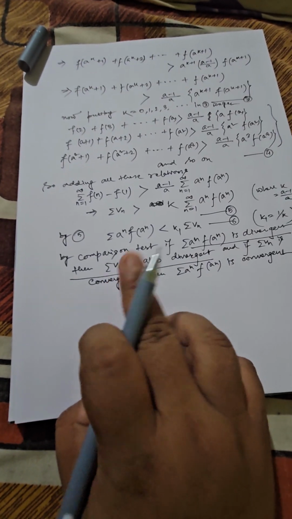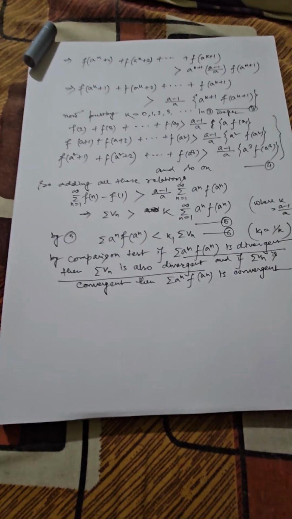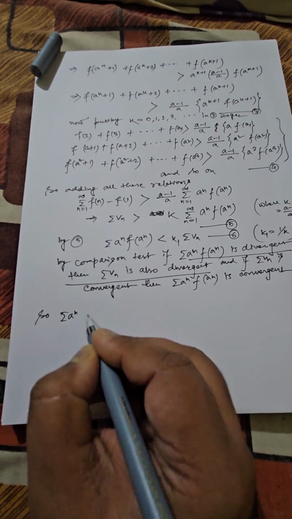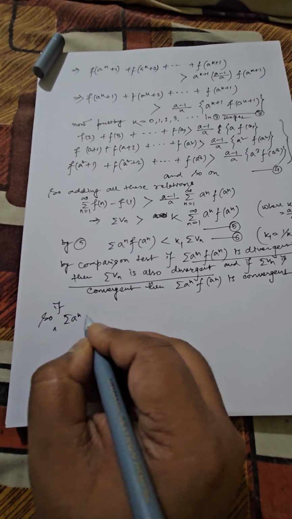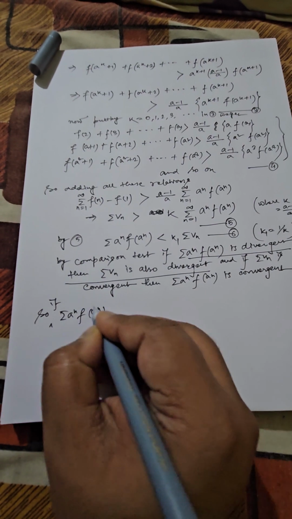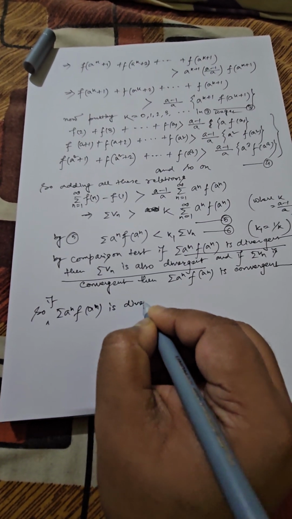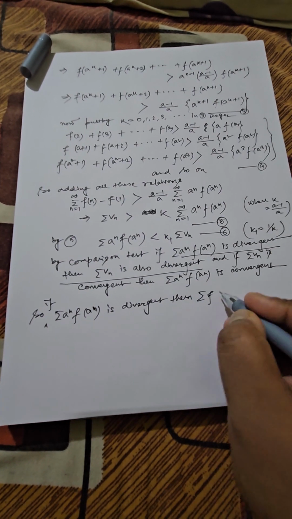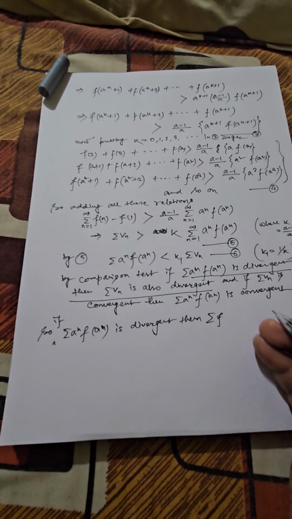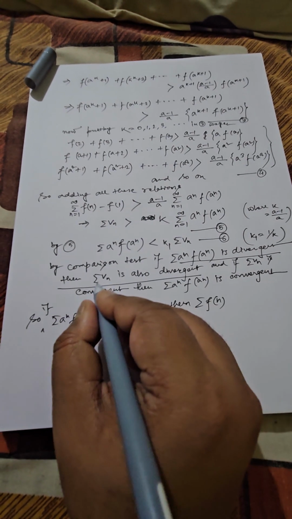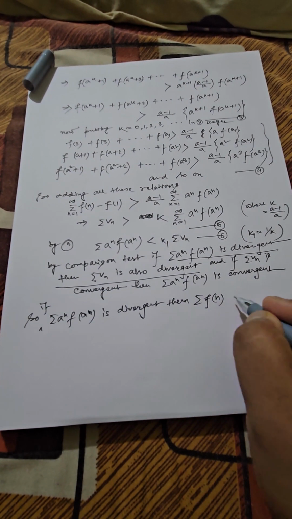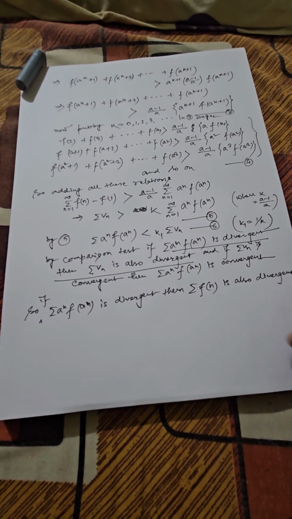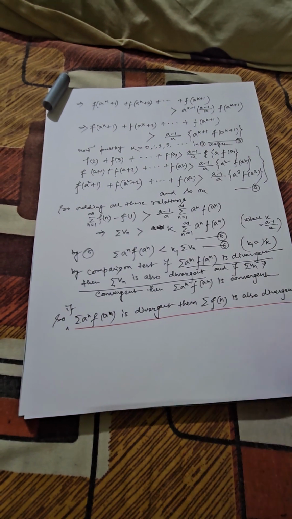Now remember, I told you summation vn is smaller than summation fn, so technically we can say if summation a^n f of a^n is divergent, then summation fn is also divergent, because summation vn is less than summation fn. So remember this result from here.